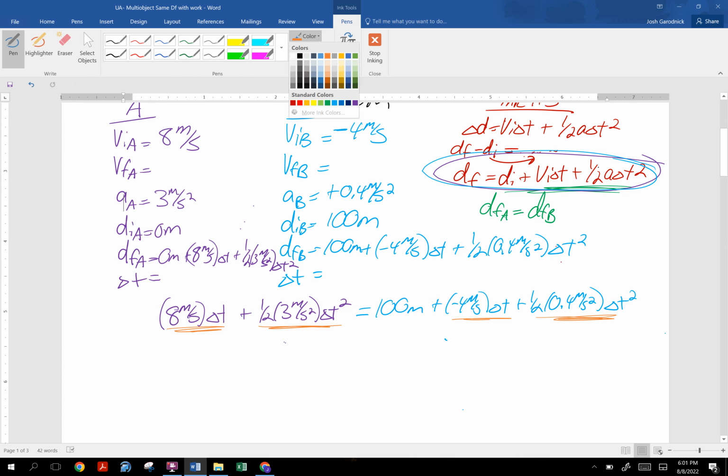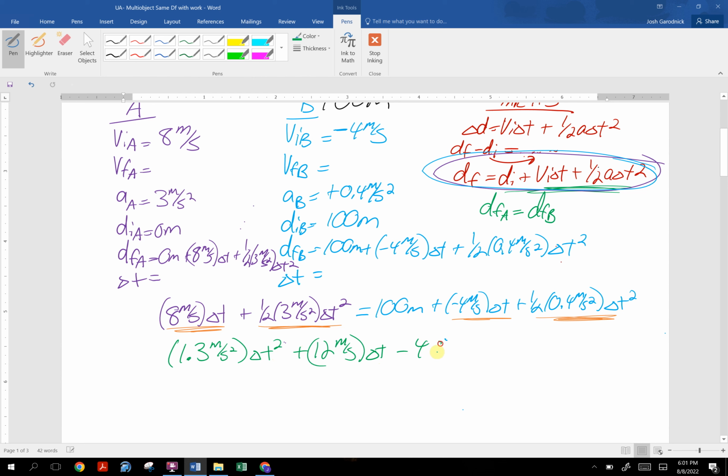So when I combine them, I get 1.3 meters per second squared delta t squared plus 12 meters per second times time minus 400 equals 0.